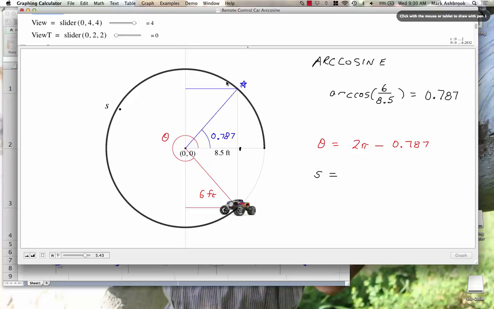Okay, but I didn't catch how you got S. First I did 2 pi times the radius. That gives you the total feet around the whole circle. Then I found out how much 0.787 is in feet, and then I subtracted that from the circumference.